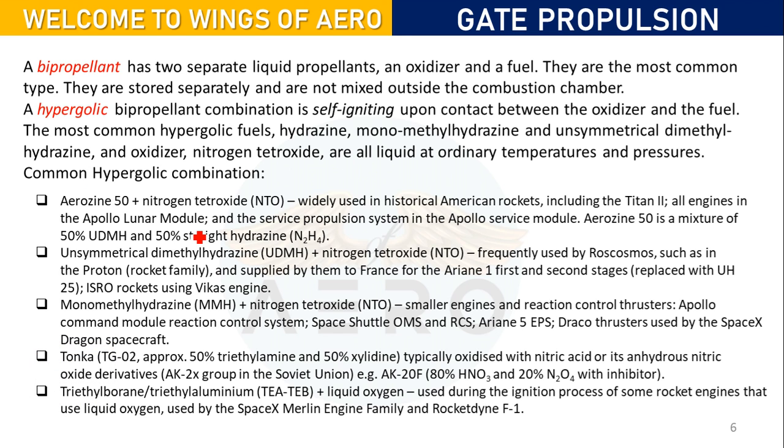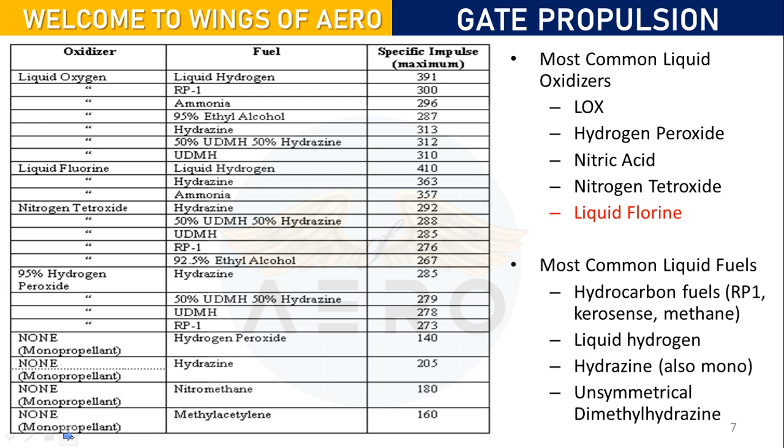So first comes the bipropellant. The word bi represents two separate liquid propellants. One is the oxidizer and another is the fuel, and this is one of the most commonly used types. Now there are many bipropellants.